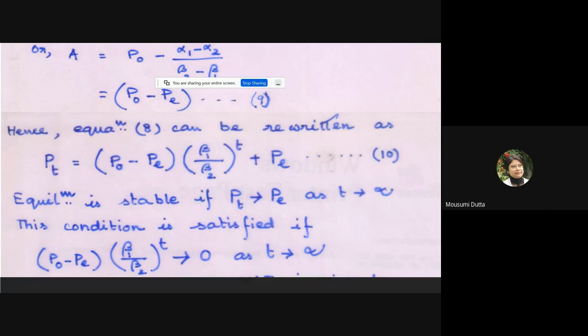The third possibility, when the price is moving up and down, it may happen that it is moving up to a particular level, and again it is moving down to a particular level. Up a particular level, down a particular level. Neither converging to an equilibrium, nor diverging from the equilibrium. When it is going up, it is moving to a particular level.